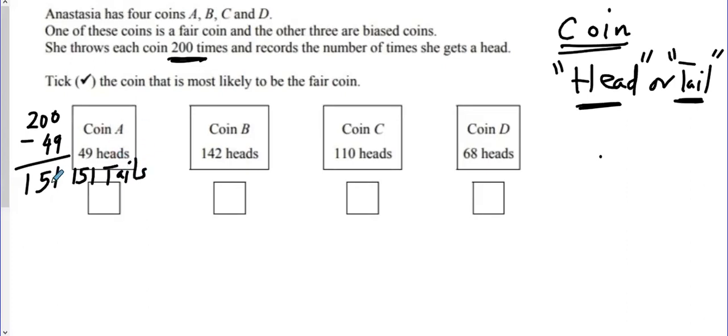So this coin is not fair at all, because out of 200 throws, we have got only 49 heads and 151 tails. Now this coin is not fair.